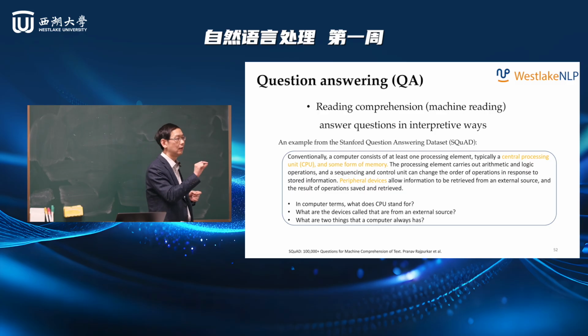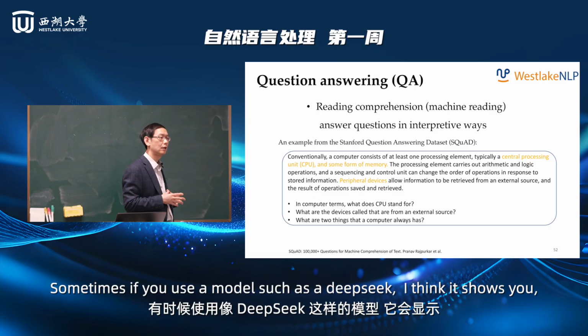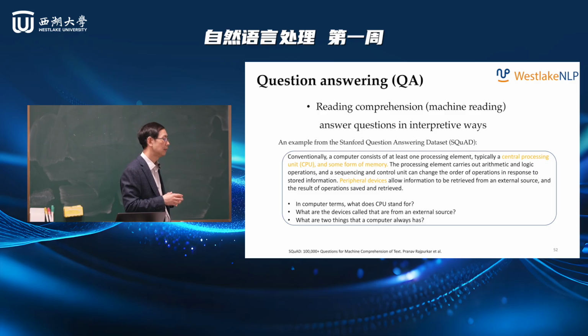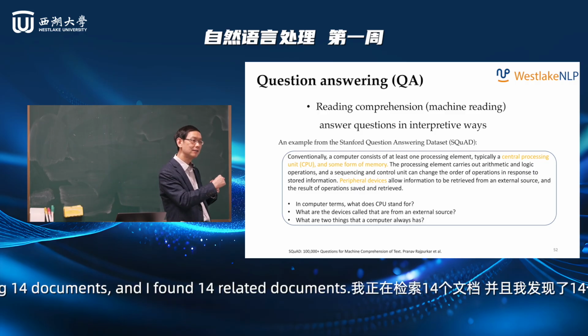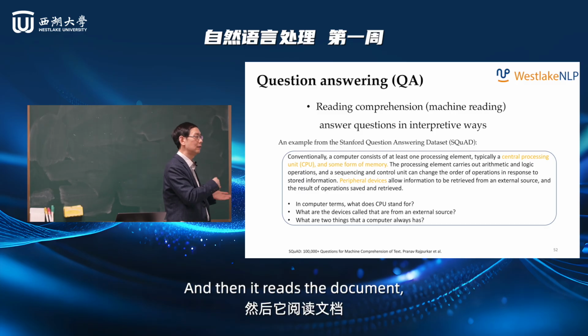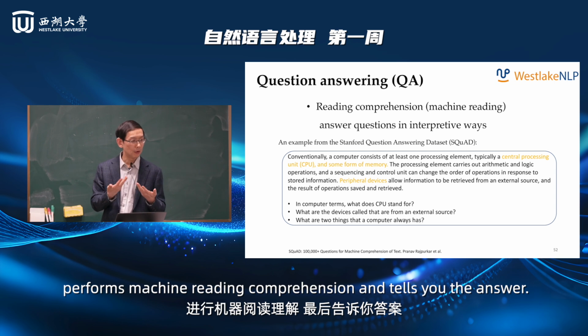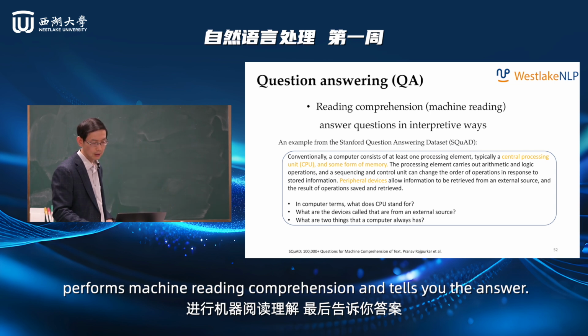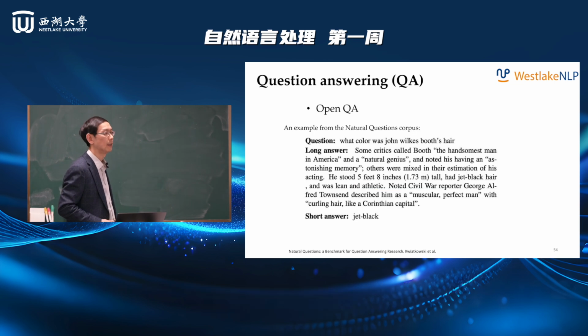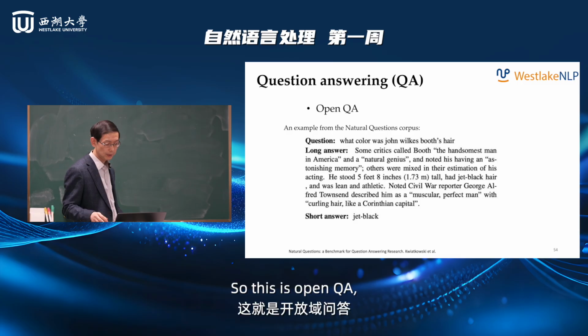Sometimes if you use models such as DeepSeek, I think it shows you, I'm retrieving 14 documents, I found 14 related documents. And then it reads the documents, performs machine reading comprehension, and tells you the answer. So this is open QA.